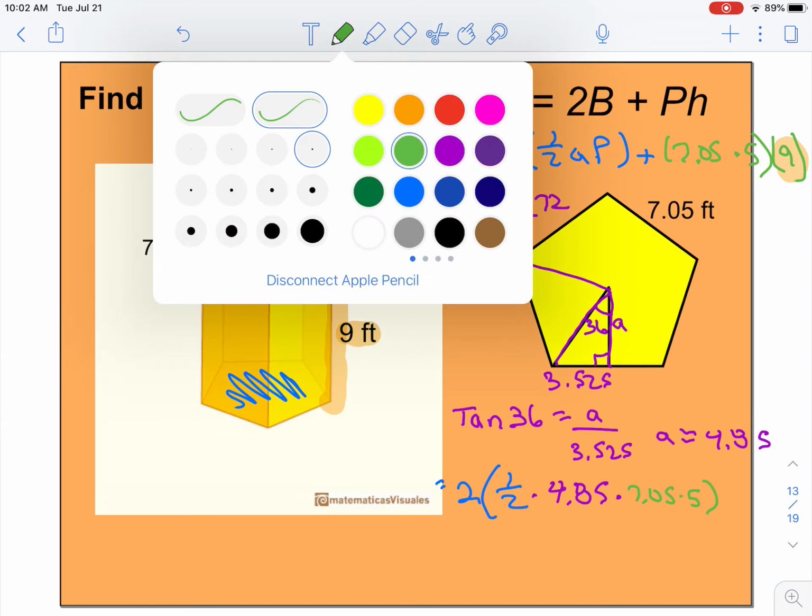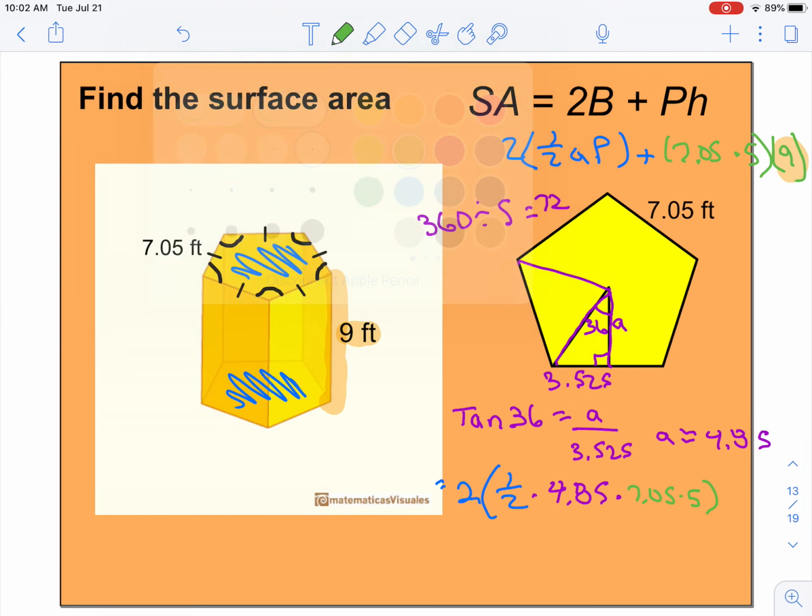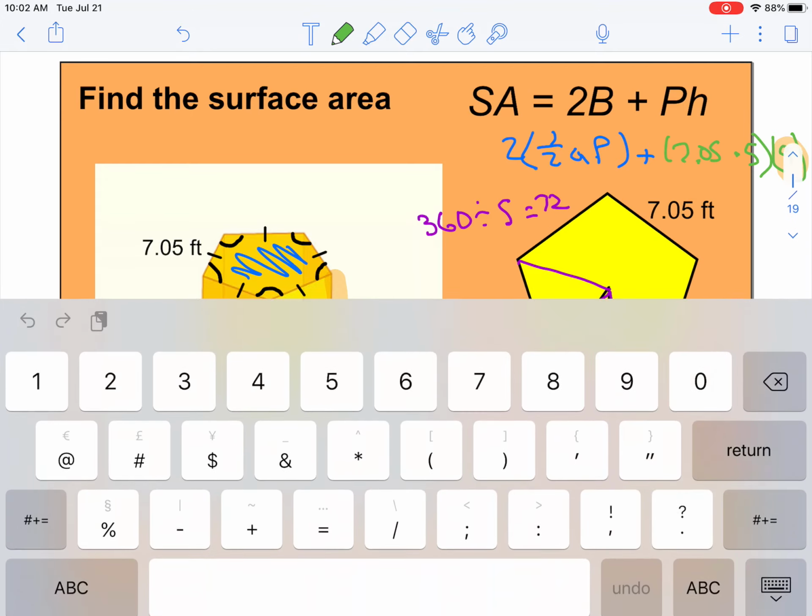And then I'm going to add that to what I got for my lateral area, which is up here, 7.05 times 5 times 9. So my lateral area is 317.25.